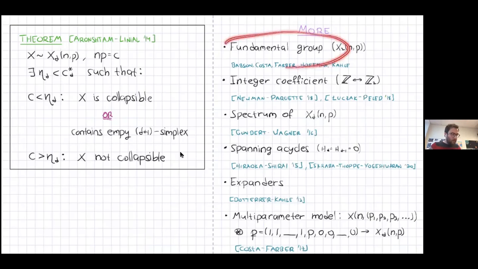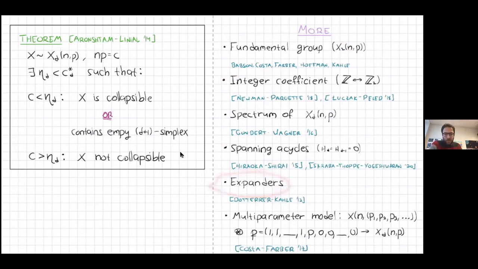But this complex is quite well studied on many other topics. For example, the fundamental group on two-dimensional complexes, proving stuff with other coefficients instead of Z mod 2. It's a whole work by itself. There are also some interesting results: there is a way to define the spectrum of a complex, like the spectrum of a graph, and study it. Very much like spanning trees, there is a notion of spanning acycles in a random complex, and there are some results on that.